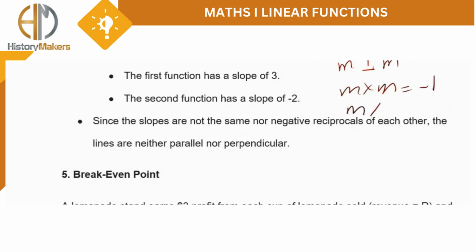And the slopes of parallel lines are equal. So if there are two parallel lines like that, the slopes of these are equal. And the slope of this one and the slope of this one, when you multiply them, give you negative 1.